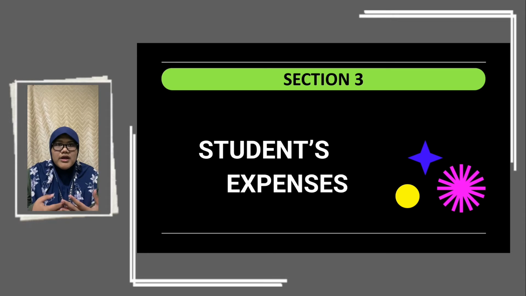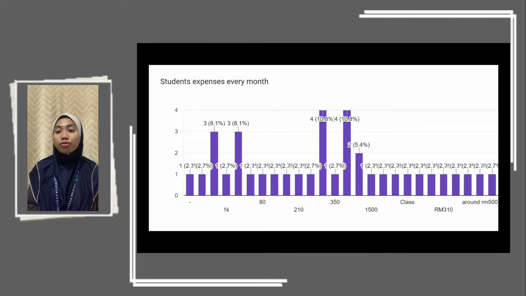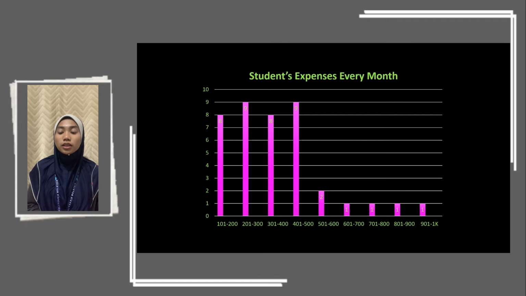In section 3, we ask about students' expenses. We continue with the first question, which is student expenses every month. This is the data that we got in a graph that we collected using Google Forms. So we simplified it to make the graph easier to explain.